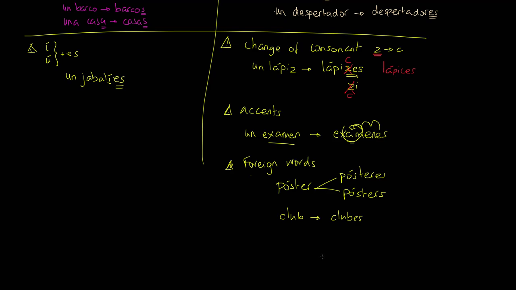We don't really like clubs. And in a case like comic book, we would go for comics. So as you can see, sometimes you might find both, sometimes you might find the S, sometimes you might find the ES. It is difficult to say. It's just because they're foreign words, and it depends on how easy or difficult things are to pronounce. So whenever you come across a foreign word in Spanish where you need to do the plural, you might need to do a little bit of research on which one would be the most correct.